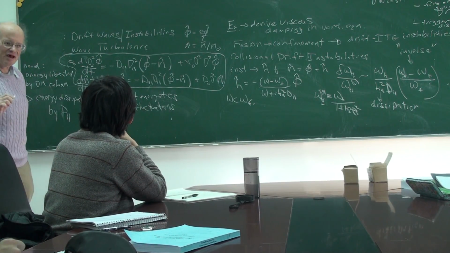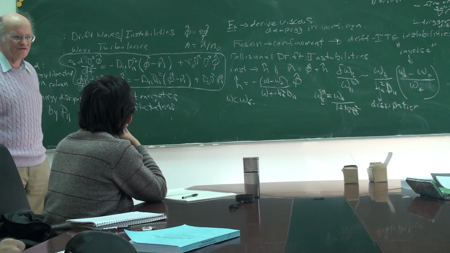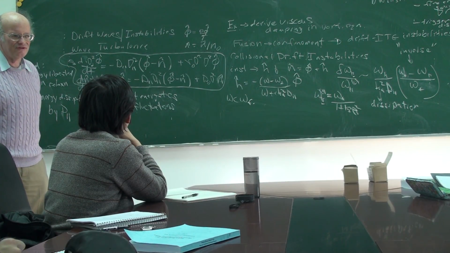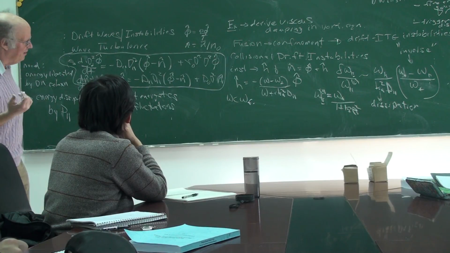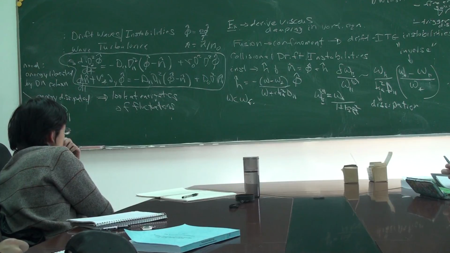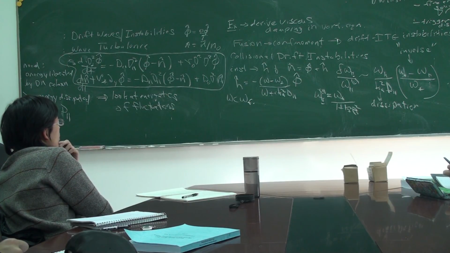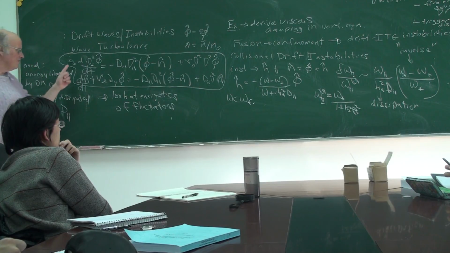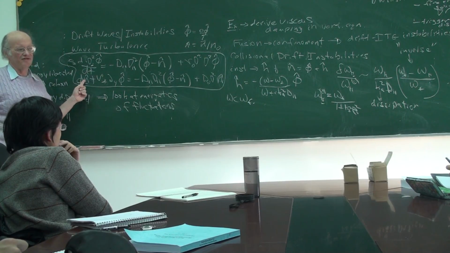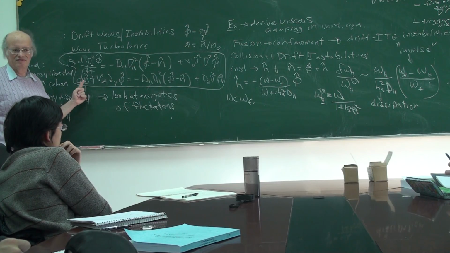How would you set up an energy balance relation here? What are the two constituents in the energy? Again, think ion acoustic wave. Well, the answer is there's a kinetic energy associated with the fluid motion, and there's an internal energy associated with the density perturbation.